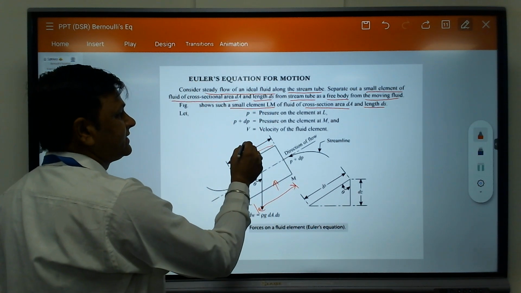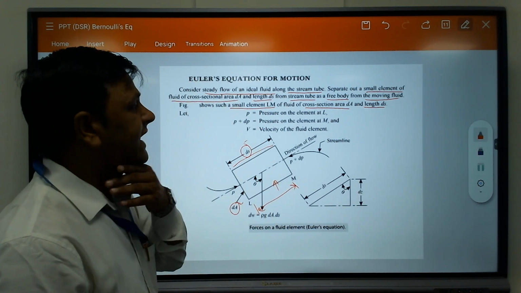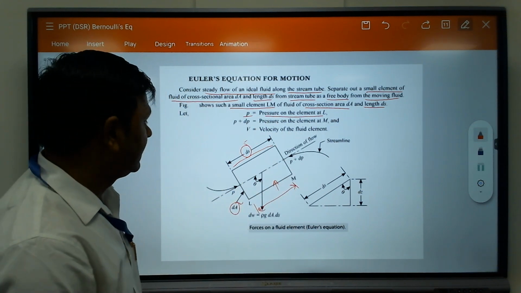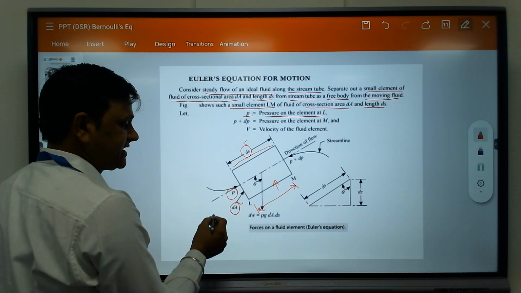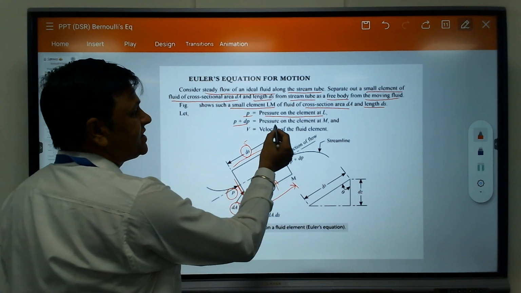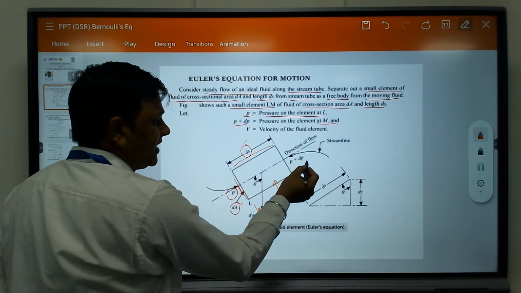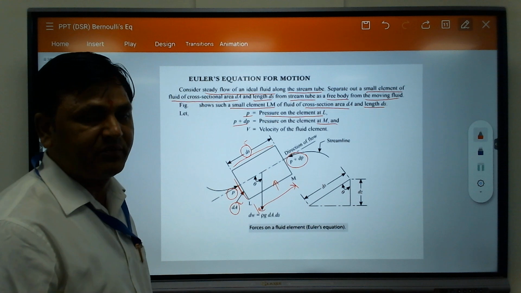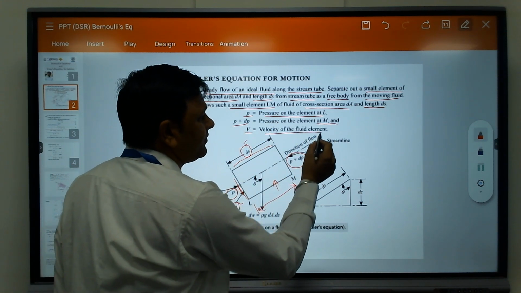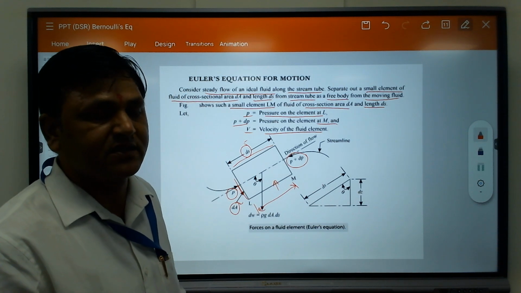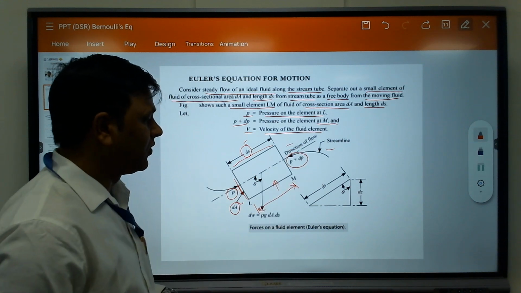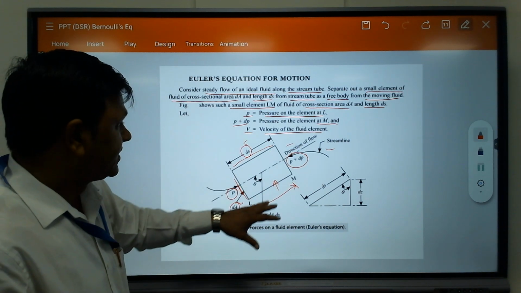Let P be the pressure on the element at L, and P plus dP the pressure on the element at M. V is the velocity of the fluid element. This is the streamline and this is the direction of flow.